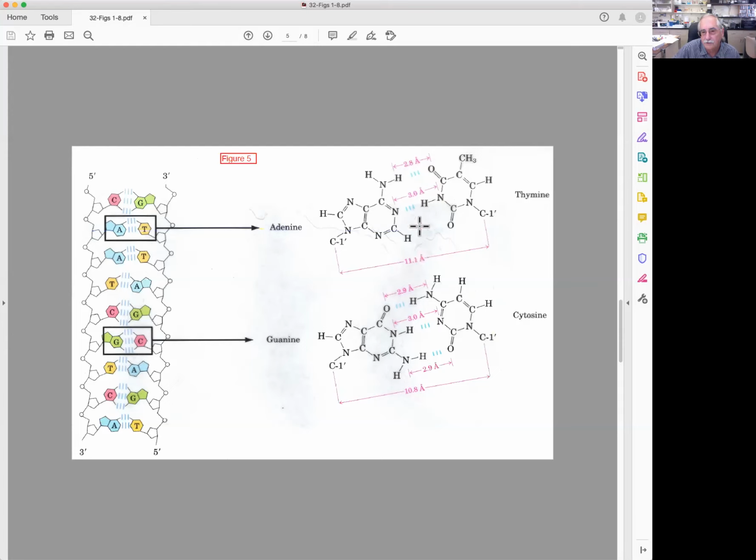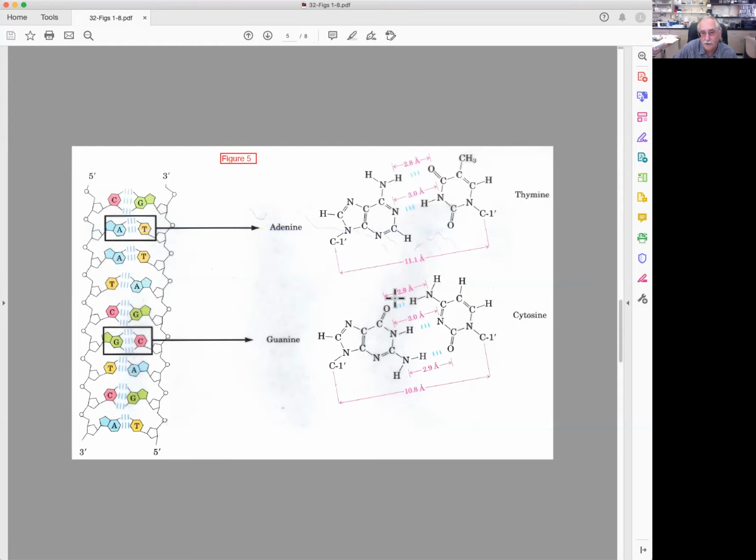And here's the actual distance between bases. So the distance of 11.1 angstroms is from here to here, right? Then between a G and a C, there's three hydrogen bonds. Here's the average distance between the two strands over here. Notice that those are fairly close.